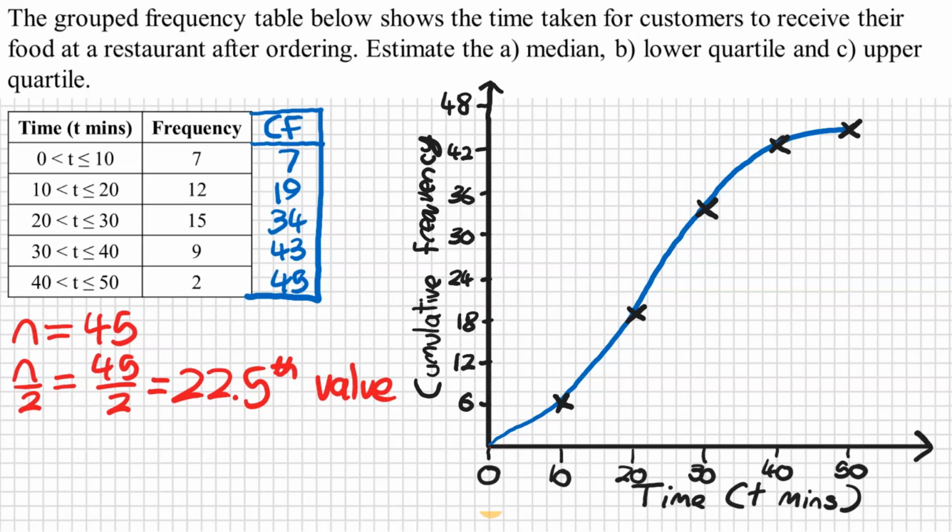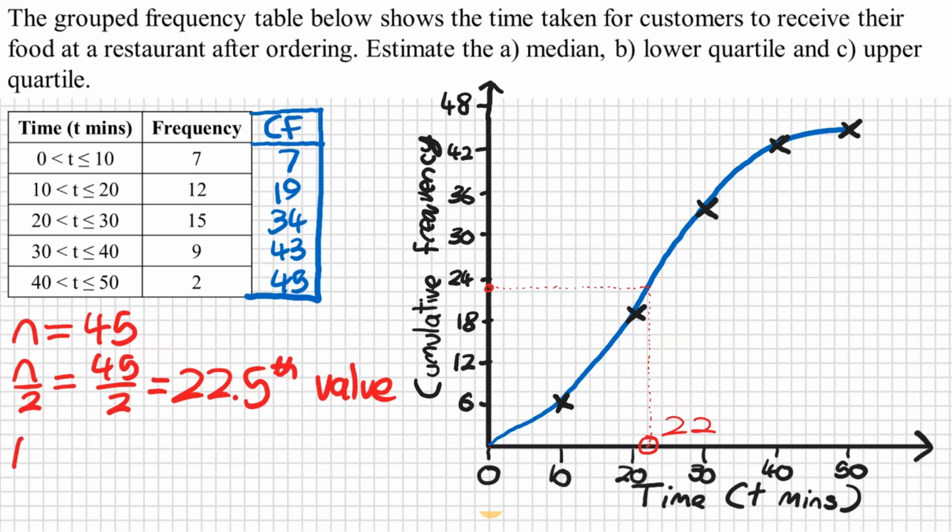Now, if we look at our y-axis here for the cumulative frequencies, 22.5 is going to be about here, okay? And we're going to go across like this until we meet the line, and then we're going to go down like this, and we're going to say that this value is the median, and this value is about 22 on our x-axis.